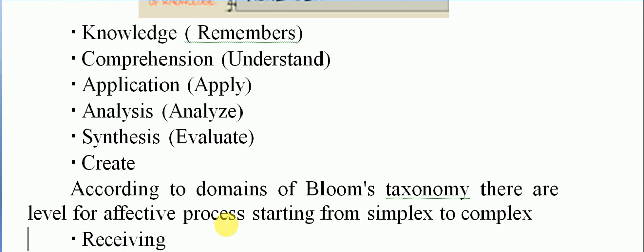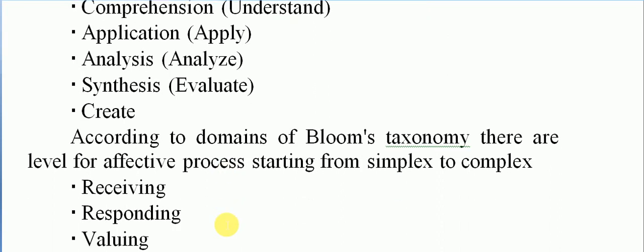Now we learn about the affective domain. The affective domain comes from the heart, from emotion, from feeling. In that level, first of all we receive something, some information, then we respond to the received information.